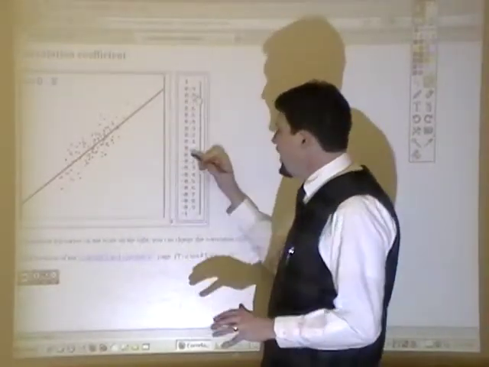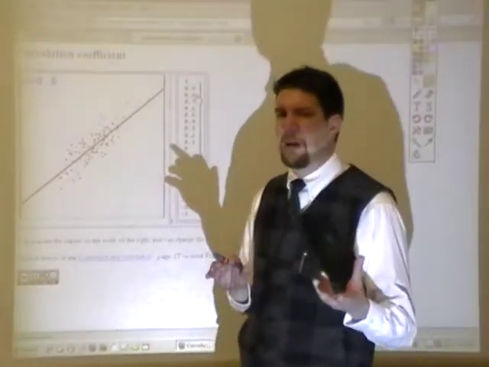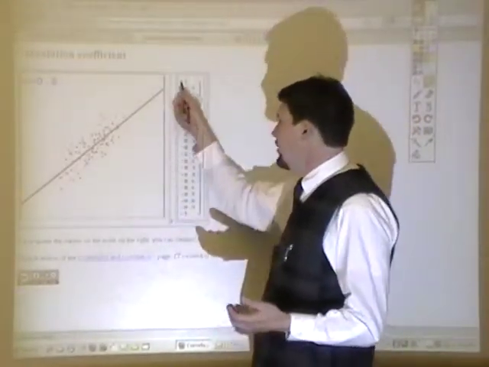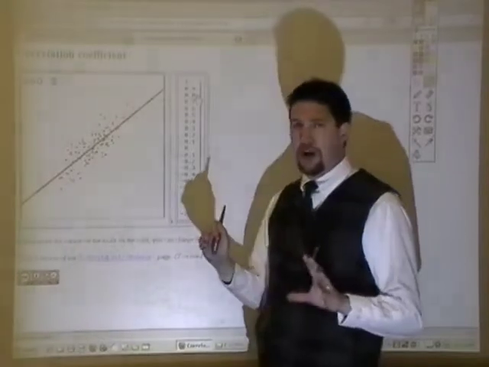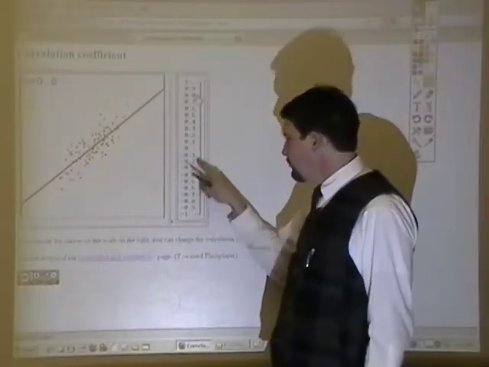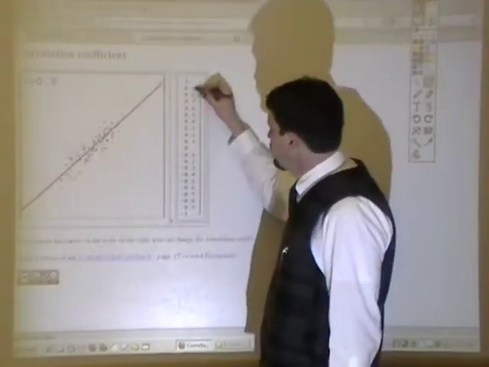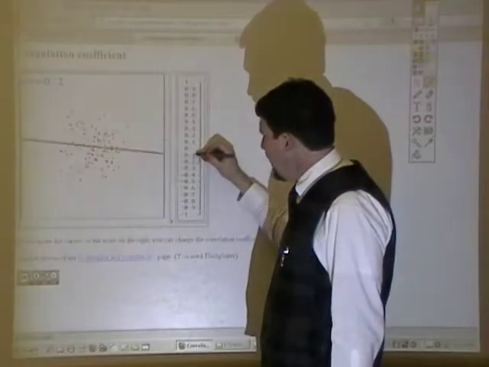The negative sign does not talk about strength. The negative sign only talks about direction. So the sign in front, whether positive or negative, only talks about direction. The strength is the value between 0 and 1. So there are all sorts of different values that you can have for this.